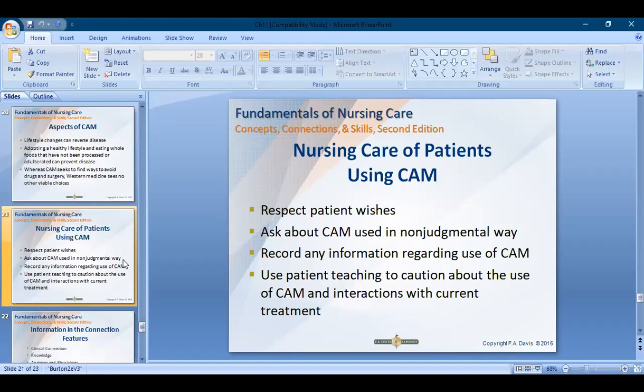So also ask what alternative medicine they use, non-judgmentally. Is anything illegal, right? If it is not illegal, what is the problem? If I feel good, so record any information regarding it.